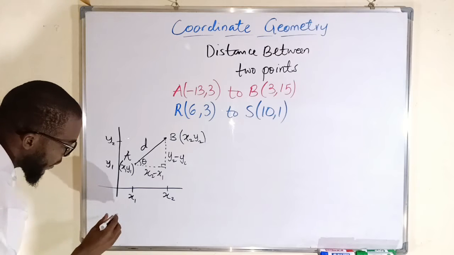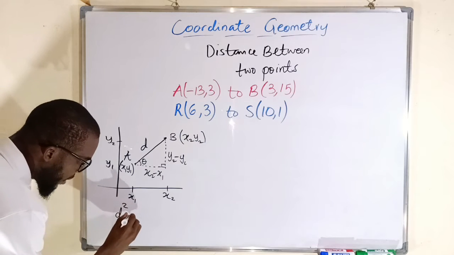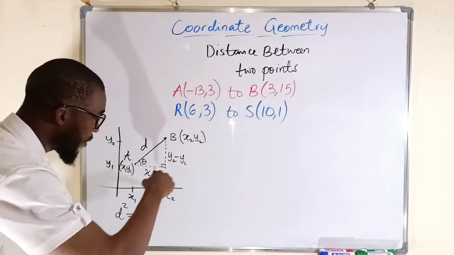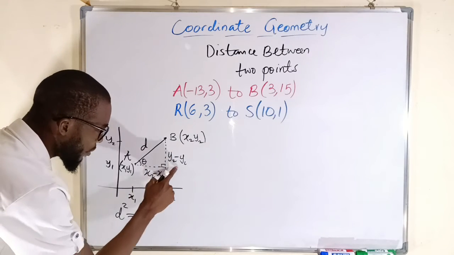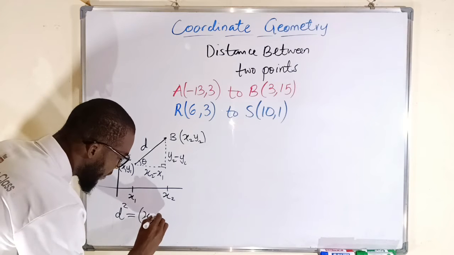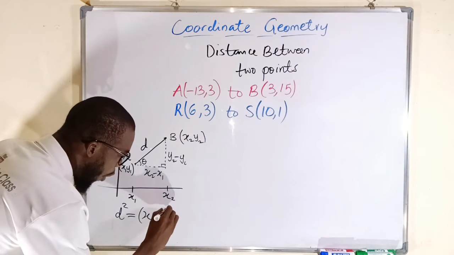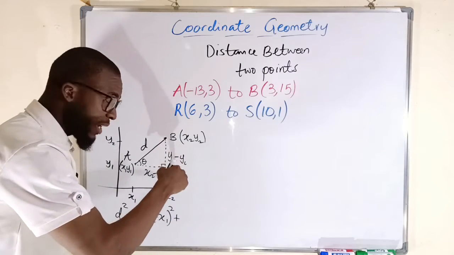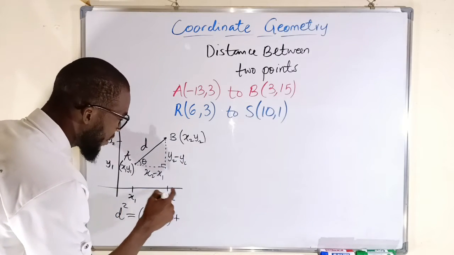Pythagoras' rule states that the hypotenuse, which is the longest side that we are looking for, D, if you square that, D squared, is the same thing as the sum of the squares of the other sides. You can start with this one or this, it doesn't matter. We have x2 minus x1 whole squared plus the opposite side squared as well, because this is the adjacent.